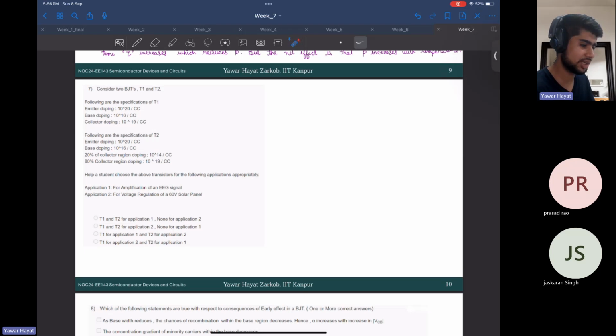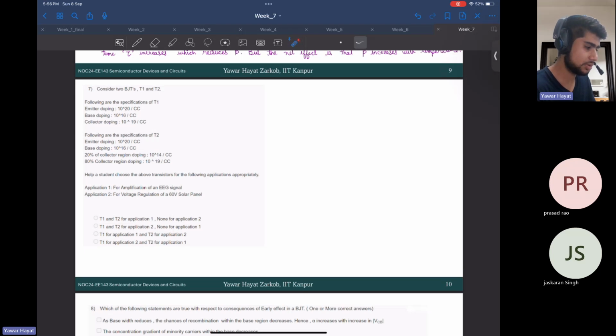And the following are the specifications of the T2, right? The emitter doping is 10 to the power 20 per centimeter cube. The base doping is 10 to the power 16 per centimeter cube. 20% of the collector region doping is 10 to the power 14 per centimeter cube, and 80% of the collector region doping is 10 to the power 19 per centimeter cube.